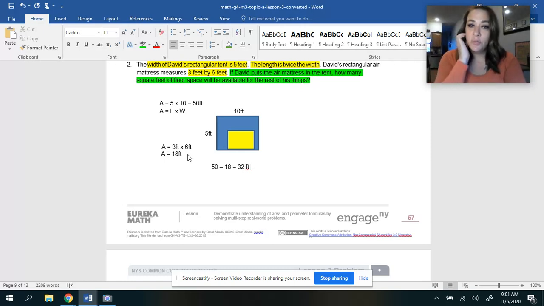Remember, with a word problem, I want to write my answer statement. So my question said, if David puts the air mattress in the tent, how many square feet of floor space will be available for the rest of his things? So we flip that into an answer.